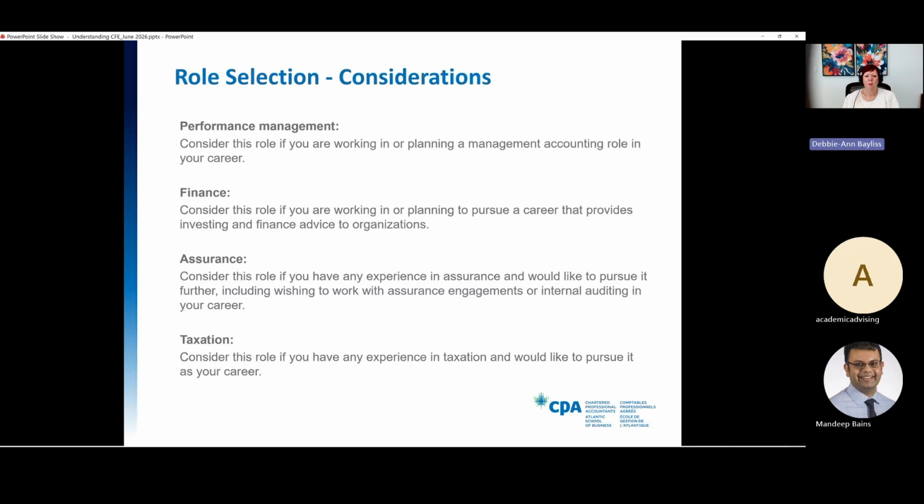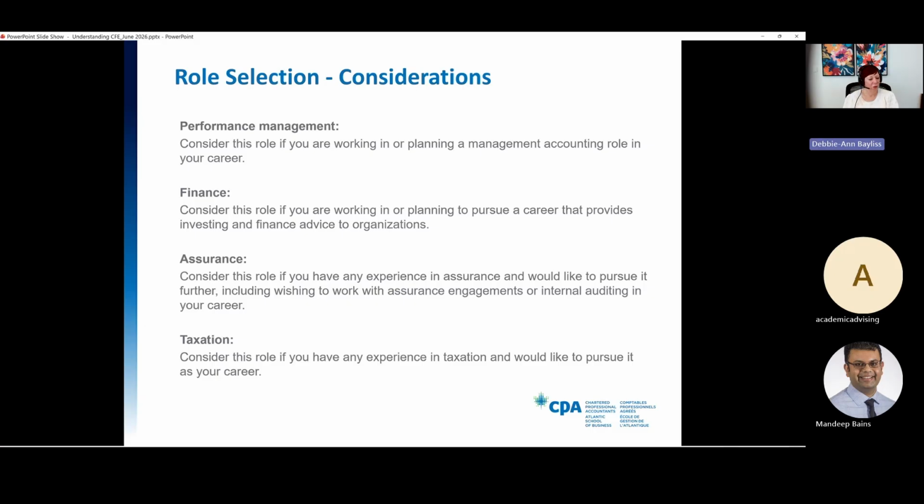When you're looking at performance management, ask yourself, because work experience really does make a difference, are you working in or planning a management accounting role? For finance, are you working in or planning to pursue a career that provides investment and finance advice? For assurance, do you have experience in assurance?